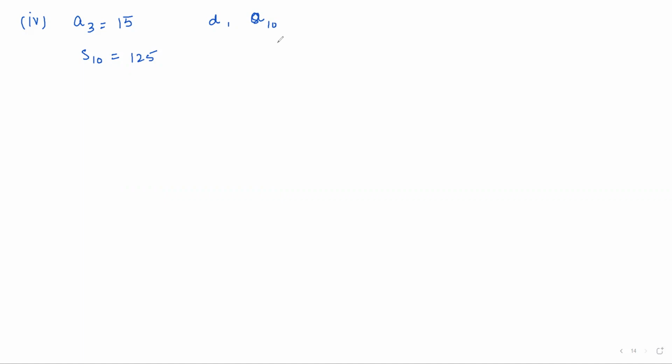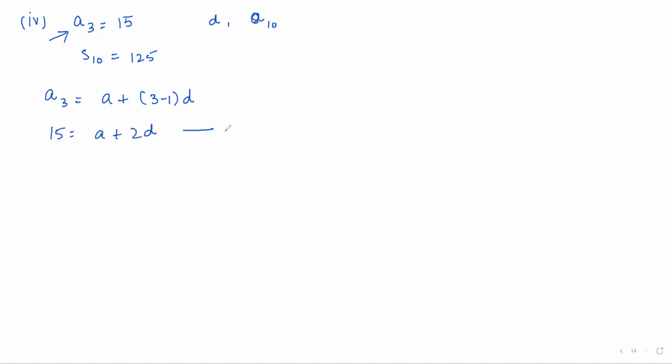In all the previous parts, at least a or d, one of them was given in the question. So one by one, we will make use of this. a3 is 15. So a3 means a plus 3 minus 1 into d. You can mention the formula also before this. 15 is equal to a plus 2d.